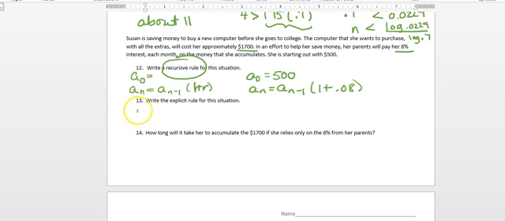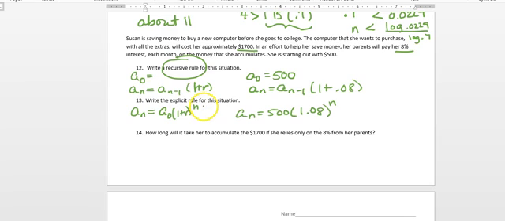To write the explicit rule, it's a sub n is equal to a sub 0 times 1 plus r raised to the nth power. That's 1 plus r. So in this case, it would be a sub n is equal to 500 times 1.08 raised to the nth power.